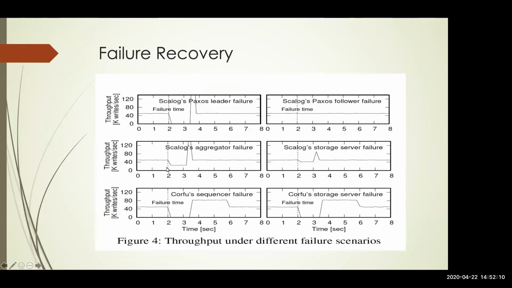There is no downtime but some drop in throughput in case of aggregator failure, and if a storage server fails, there is a certain drop, but then it increases again once it's back. Similarly, in Corfu, if the sequencer fails, there is some downtime, as we saw in the design, and if a storage server fails, there is obviously downtime.